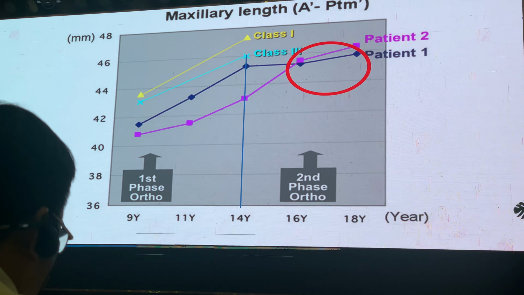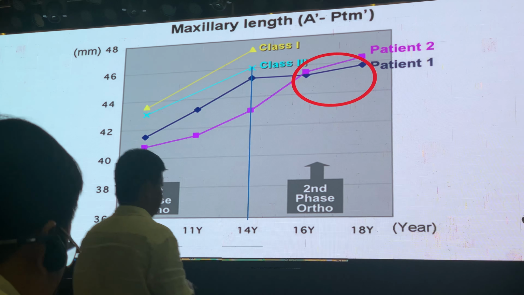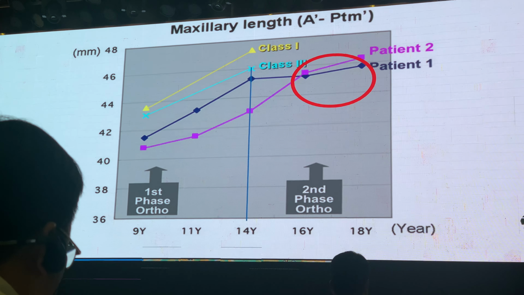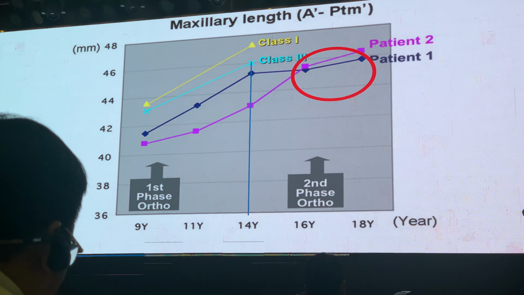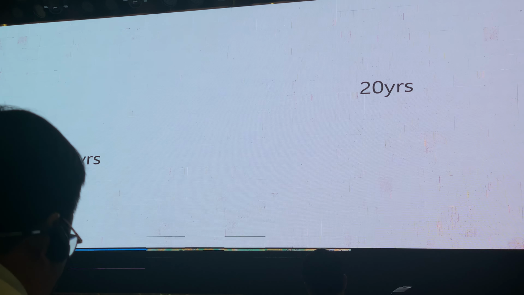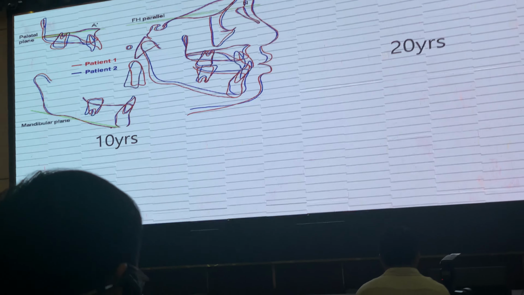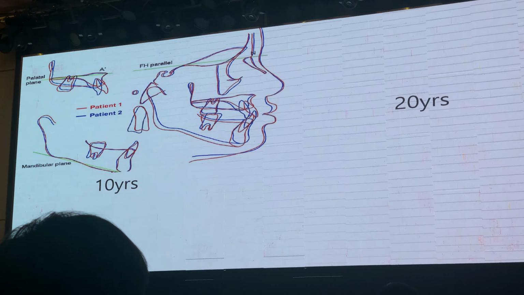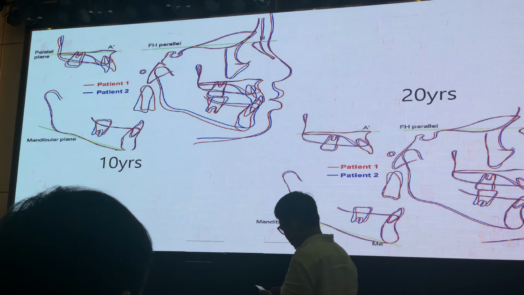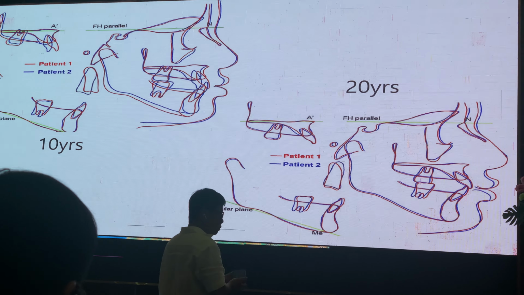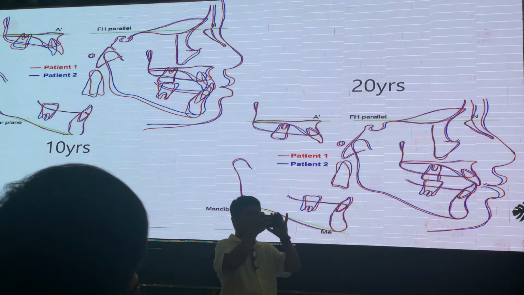It tells us that we don't need to do anything until the end of the growth. Eventually, they got same size of maxilla. At 10 years old, there is some difference in maxilla and mandibular swing back pattern between patient 1 and patient 2. When they grow up, there's no spectacular difference between two patients.